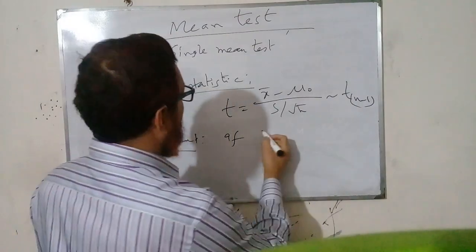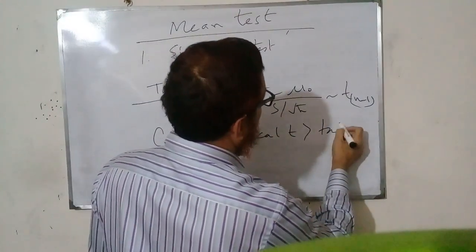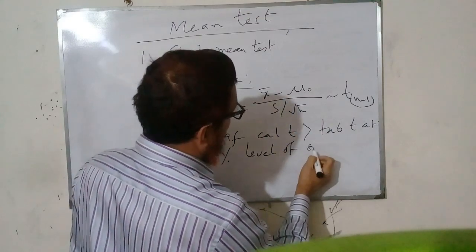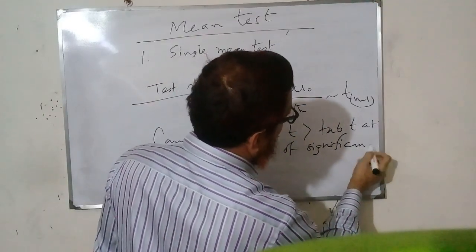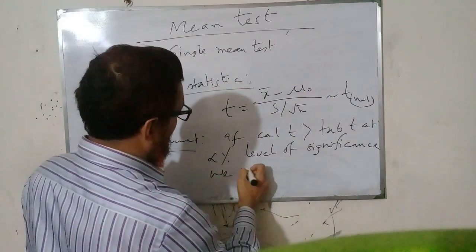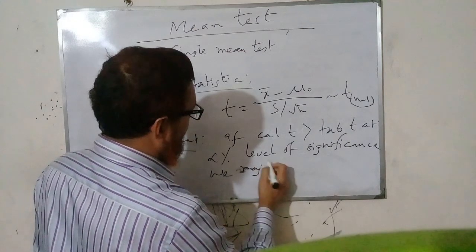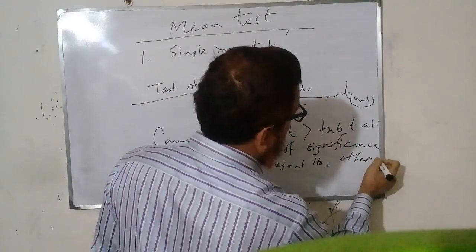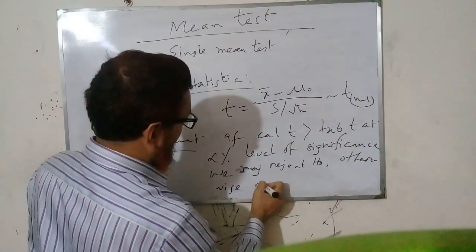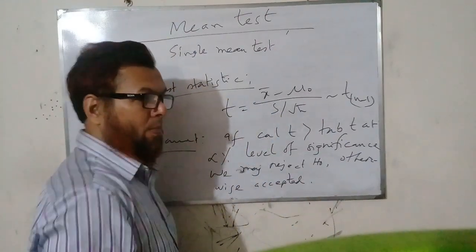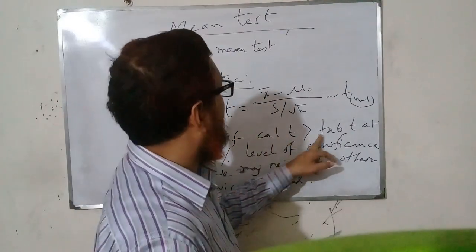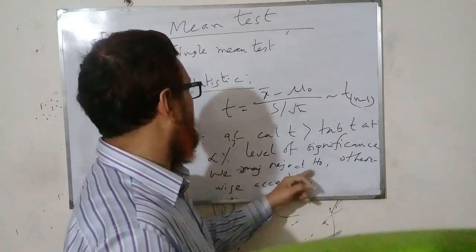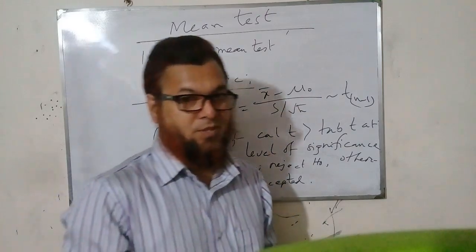If calculated t is greater than tabulated t at alpha percent level of significance, we may reject H0, otherwise accept it.